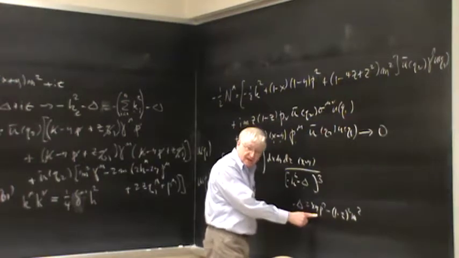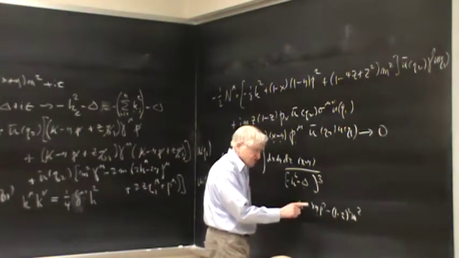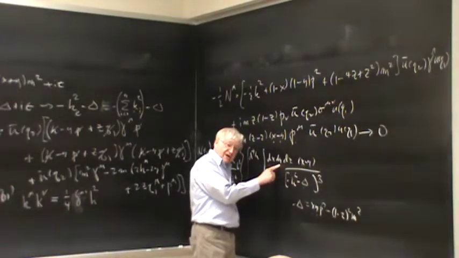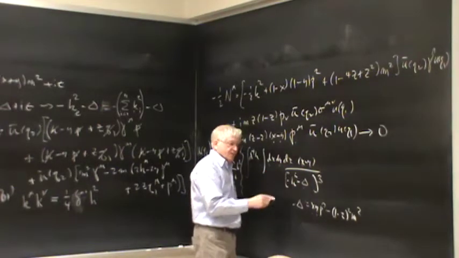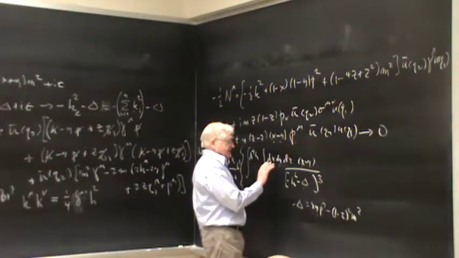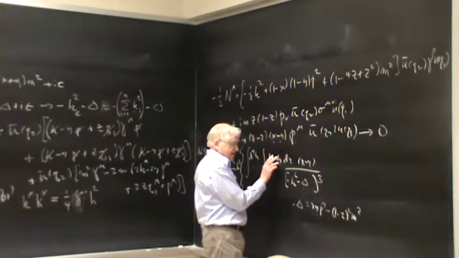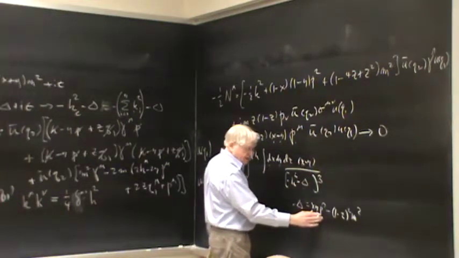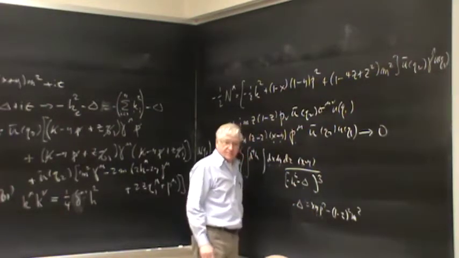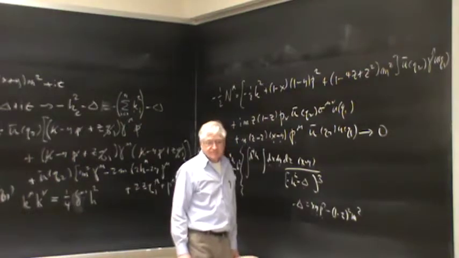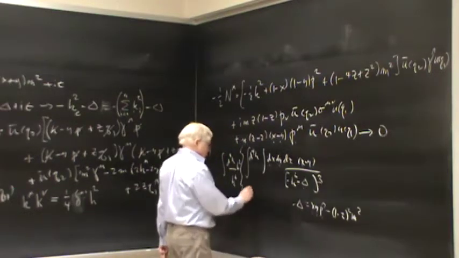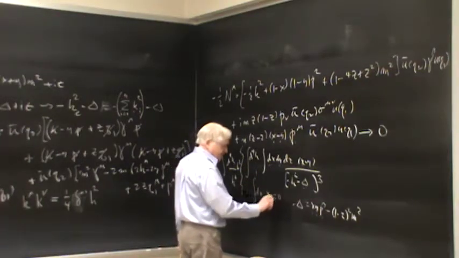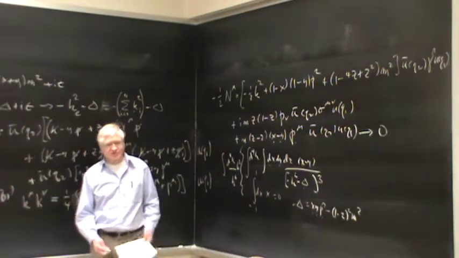So this is symmetric in xy. It doesn't change when you interchange x and y. This changes by a minus sign. This is an integral over x and y. So if you interchange x and y here, you get the same weight, you get a minus sign, no change, so it's 0. The integral's 0. It's like the integral from minus 1 to 1 of dx x equals 0, but it's a two-dimensional version of that.